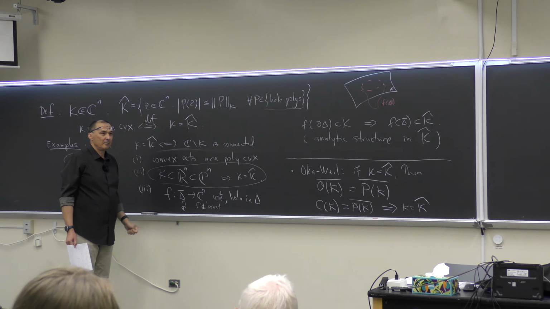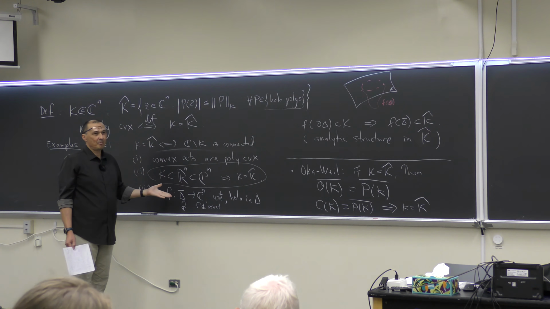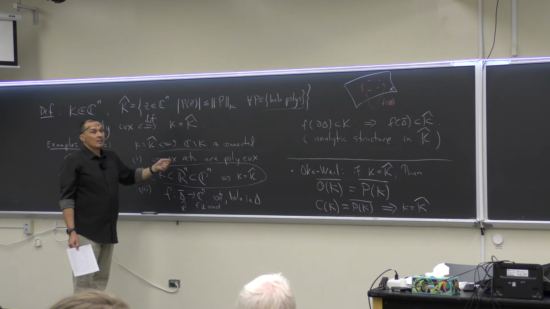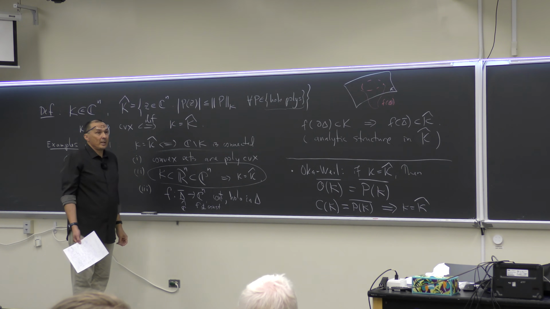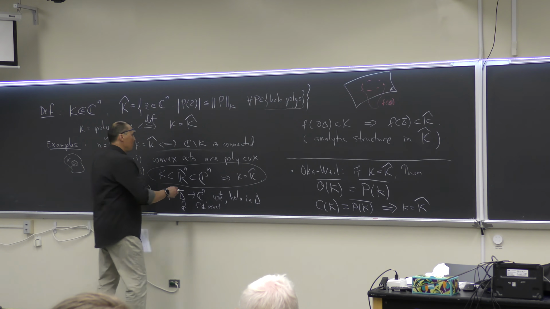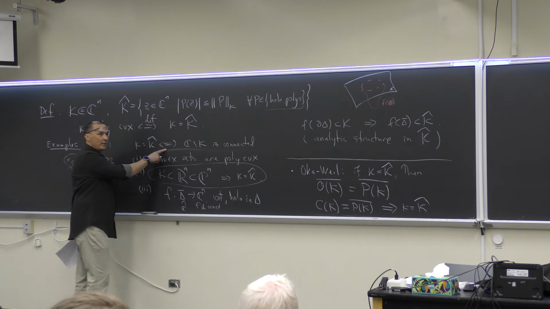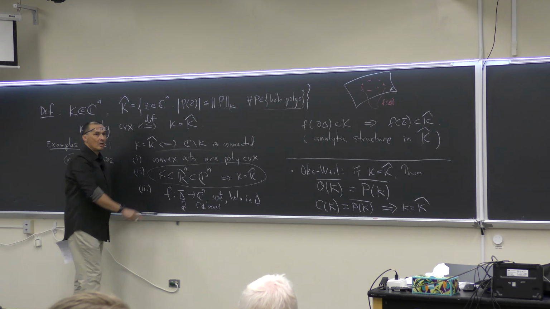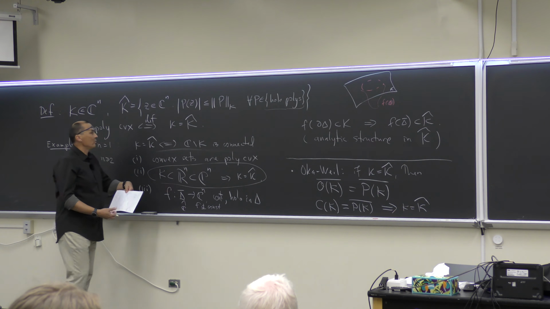Excuse me? If you have a Jordan curve in C, then the complement is not connected. Jordan arc. Oh, arc. So a Jordan arc, if it doesn't have self-intersections, will be polynomially convex. So this is if and only if. In the plane, yes. No, but not in higher dimensions. No. This is in one variable, yes.